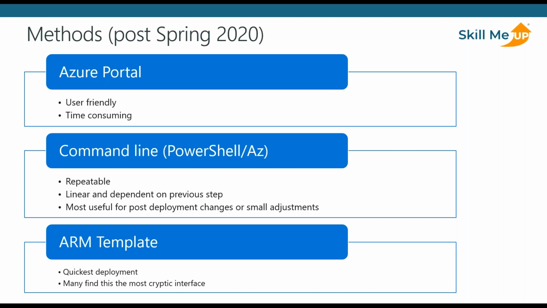If you can set up with ARM templates, if you've ever done Azure deployments, and we've got some courses on that, it's a really good, efficient way to do those deployments. But some people find it kind of cryptic. It's easiest if you can just pull from an existing template and go ahead and do your deployments that way. But ARM templates are going to be your best bet long term if you're going to be doing a lot of these deployments, or any type of orchestration.